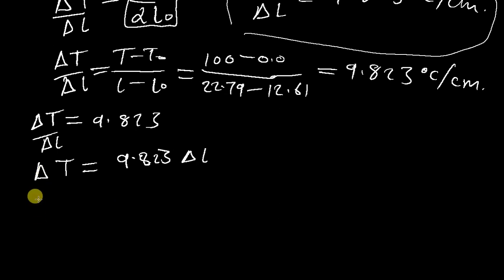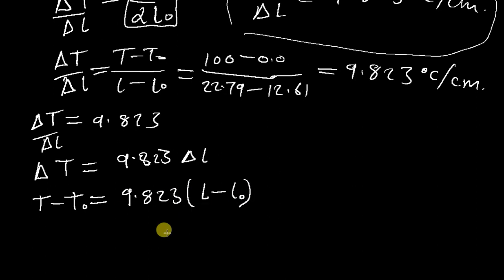So the change in temperature is just the final temperature minus the initial temperature. Then this is equal to 9.823 times, open that, L minus L initial. So this is what you're going to have.